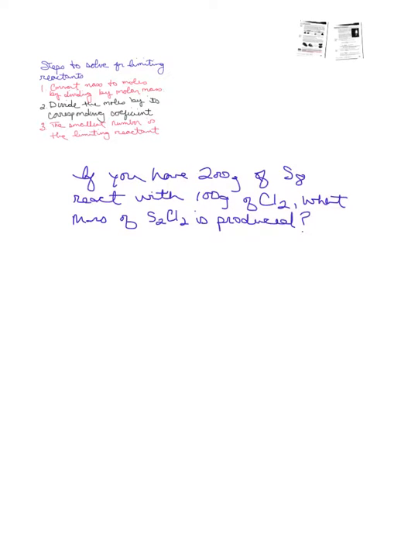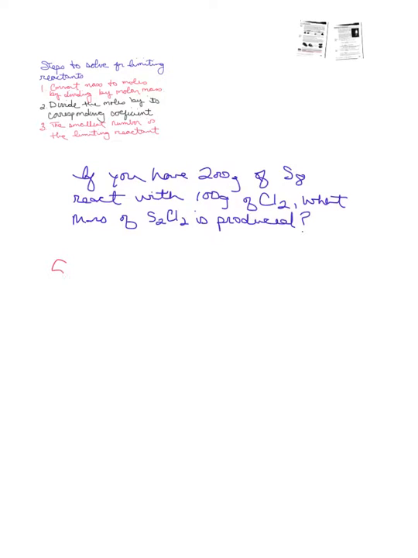We'll just call it sulfur. So if you have 200 grams of sulfur react with 100 grams of chlorine, what mass of disulfur dichloride is produced?